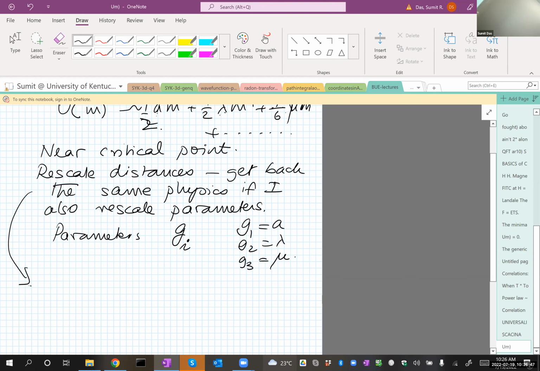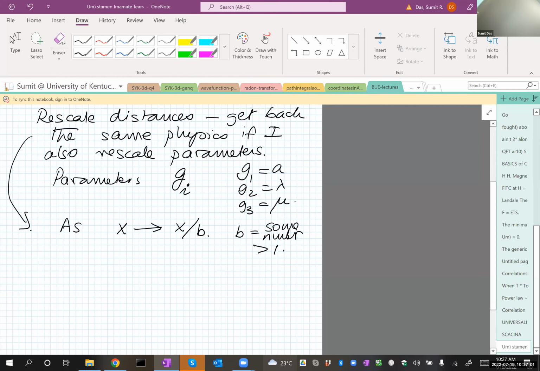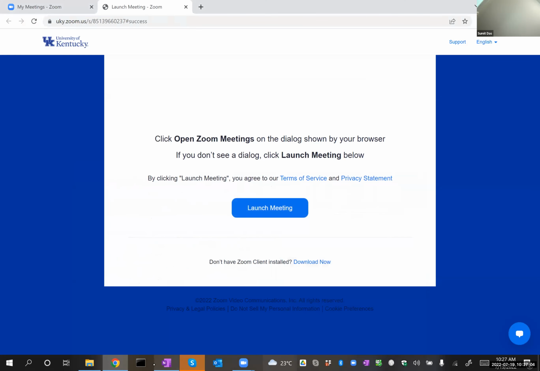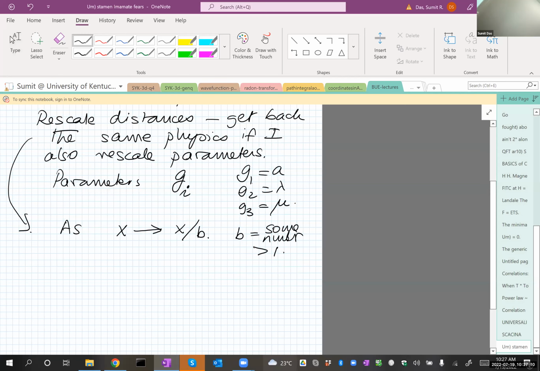So what this statement means is that as I rescale distances by, say, x to x upon b, b is some number which is greater than 1, I've just chosen it to be greater than 1, each of these gets rescaled by b to some other power, which I call b to the d minus delta i. d is the number of space dimensions.